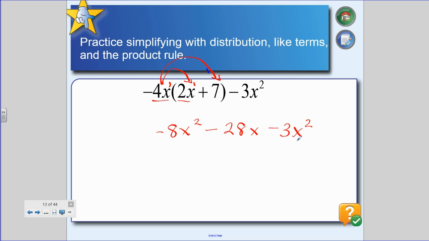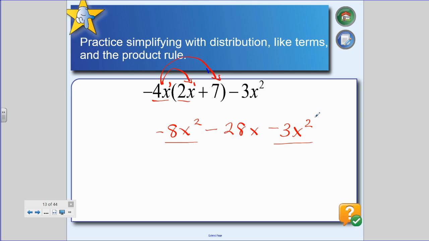Am I done? You might say, well, we might be done, but we might not be done. Are there like terms here after I distributed? And hopefully you're picking up that, yeah, Mr. Cummings, there are like terms. Here's negative 8x squared and negative 3x squared. They both have the variable situation of x squared.